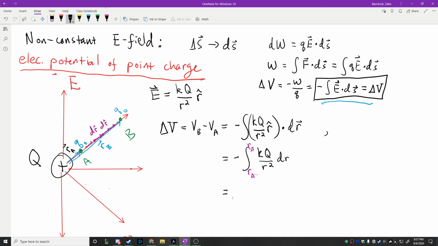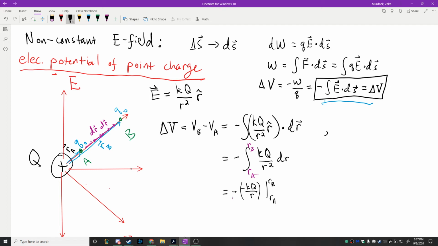Something like -1 over r. k and q are constants. So we end up getting negative kq over r with another negative sign. You need the negative sign here because when I take the derivative of r to the -1, you get r to the -2, but you need a -1 in front of it. And then we need to evaluate that with our limits, r sub a and r sub b.